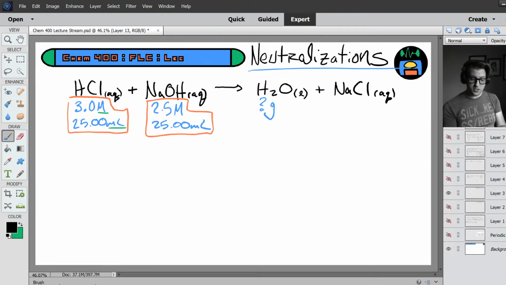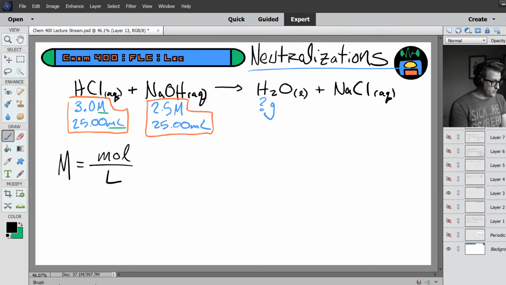If you're wondering, what do I do with this whole molarity situation? Remember that molarity has an equation. Molarity is equal to moles of solute over liters of solution. All right, and you'll notice that here we've been given molarity.